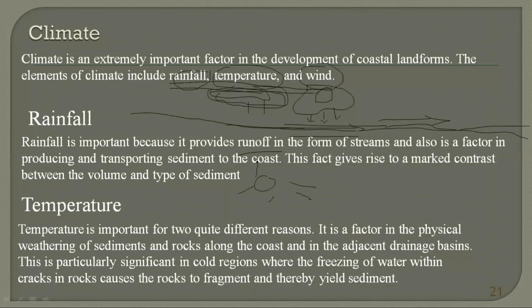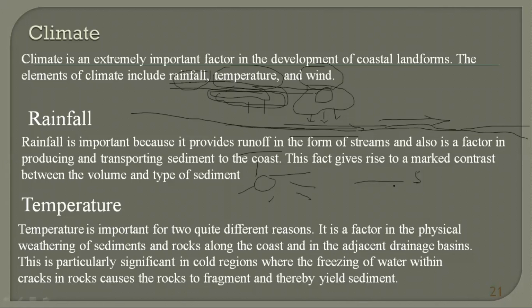If the coastal area is in a cold region where we don't have much sun, like the Scandinavian or Norwegian countries, the shape of the coast and its morphology will be different.